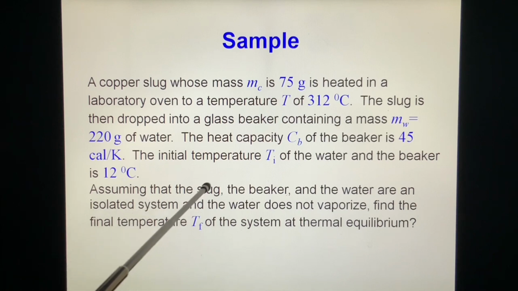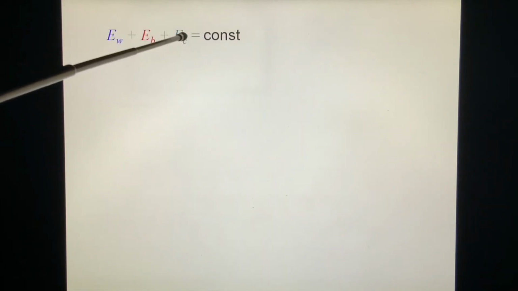Assuming that the slug, the copper, the beaker, and the water are an isolated system, and the water does not evaporate, find the final temperature T final of the system at thermal equilibrium. We see that the water, beaker, and the slug, the copper, together have a constant energy before.